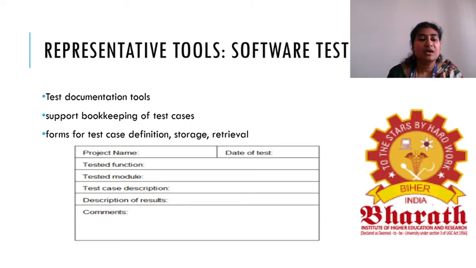The diagram shows an example form for storing information related to the various tests. What is the project name and what is the date of test? What is the tested function, the tested module, the test case description, the description of results, and the comments that need to be stored, describing the outputs and observations made based on the testing.